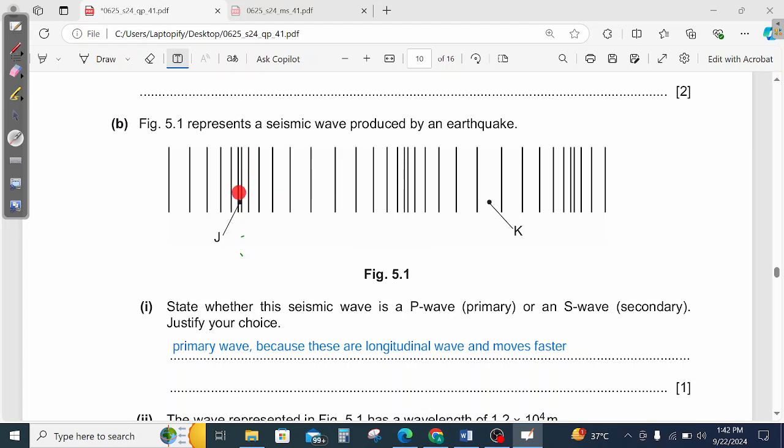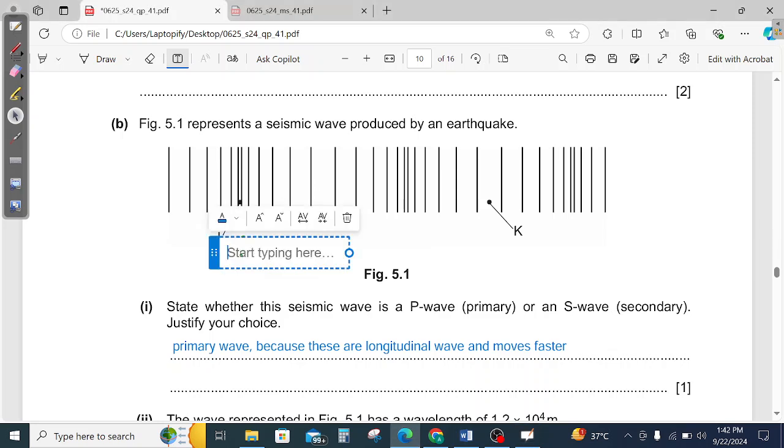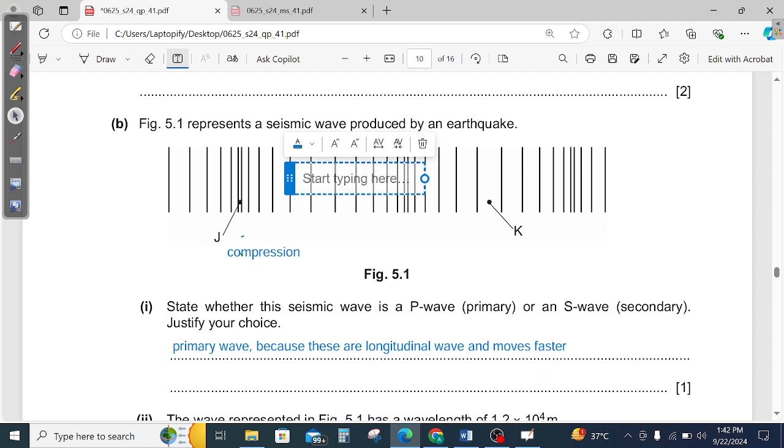The region where lines are very close is called compression, and where far apart, this is called rarefaction. I will write here, this part is compression, and this part is rarefaction.